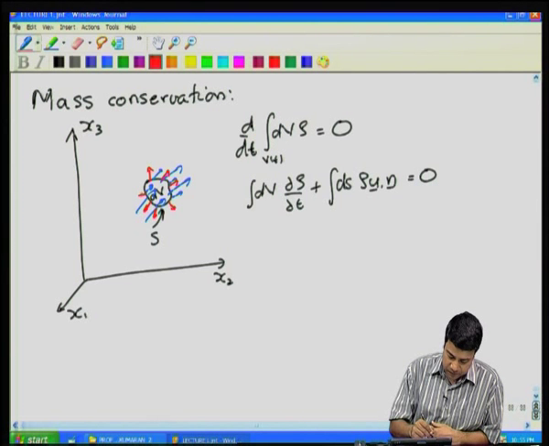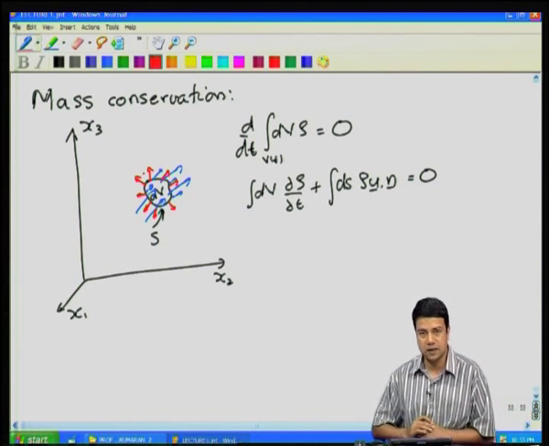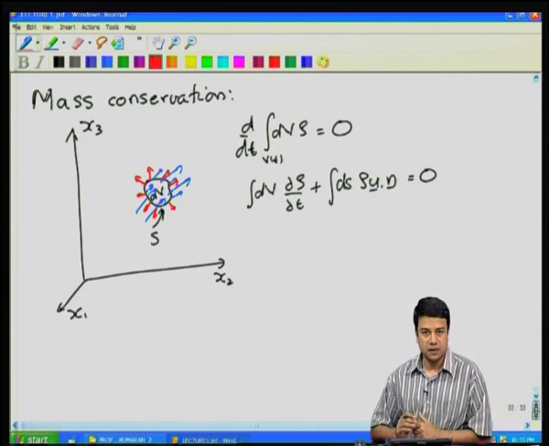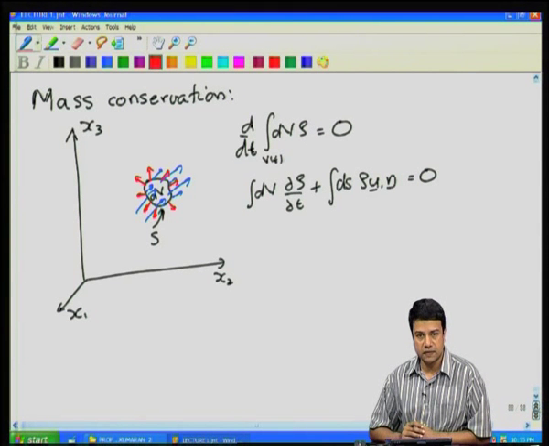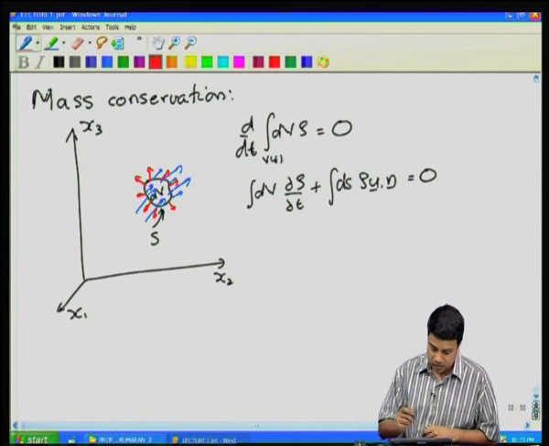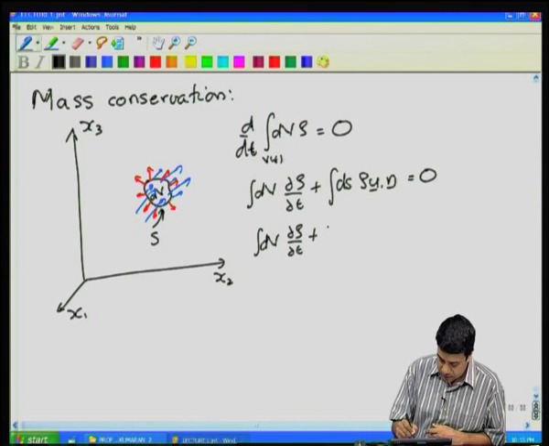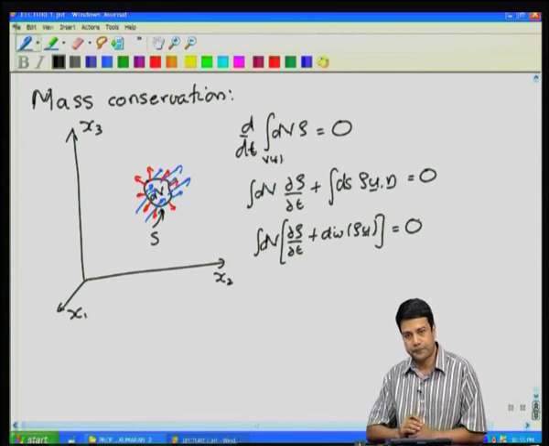At every point you have an outward unit normal that is defined at the surface. That outward unit normal is n. This can be simplified using the divergence theorem to give integral dV of partial rho by partial t plus divergence of rho u is equal to 0.